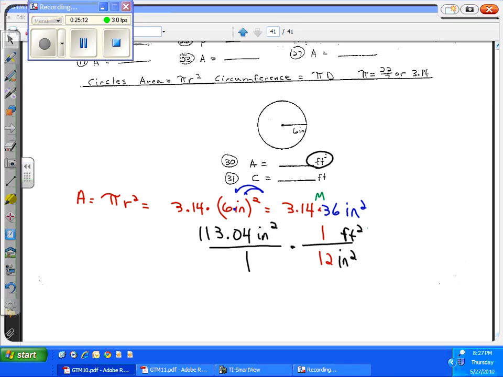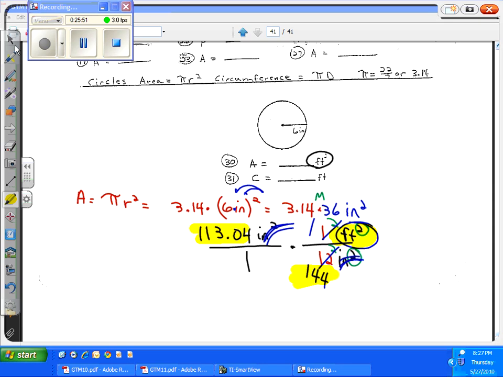We're not dealing with inches and feet, we're dealing with square inches and square feet, so we square the conversions. 1 squared is 1, 12 squared is 144. The name square inches cancels, and we gain the name square feet. So we have 113.04 on top, square feet is the new name, and 144 on bottom.